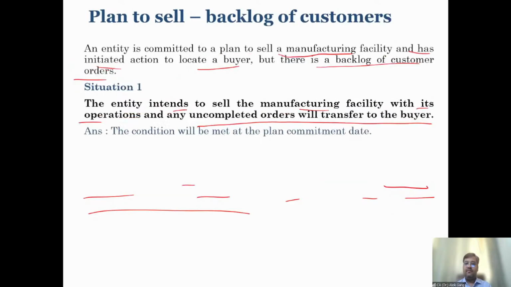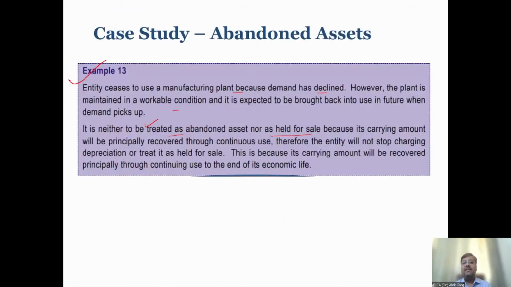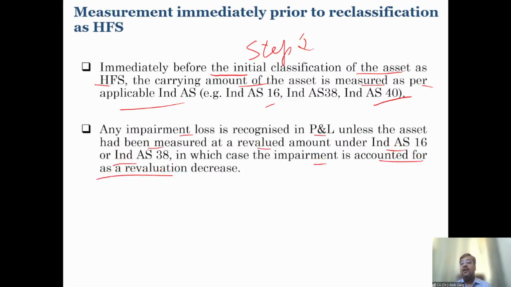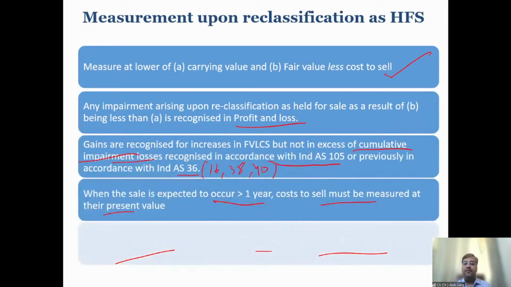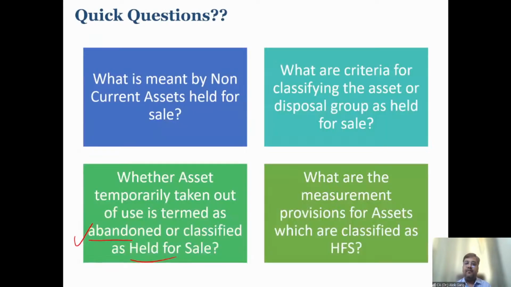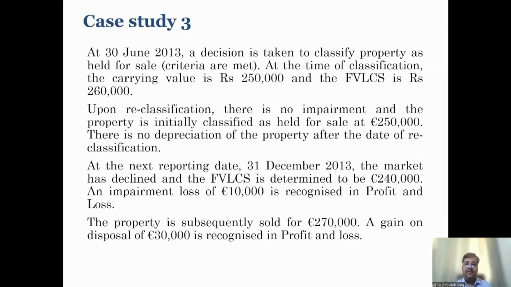And of course, we have discussed the concept of abandoned asset also. What is an abandoned asset? Abandoned assets are those assets that are temporarily out of use. Those assets need to be considered as PPE only, not under Ind AS 105. Yes, so these case studies we have discussed.